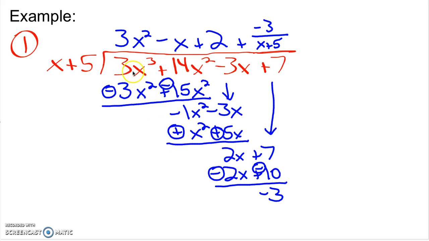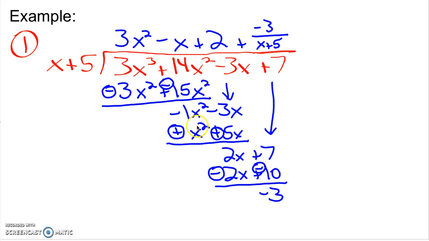But be careful. This 3x to the third divided by x, or what x times what, will give you 3x to the third. You need 3x squared to make up the difference. You take it, you multiply it to each of these, and this is where 3x squared plus 15x squared comes from. Notice I changed the signs and circled them.